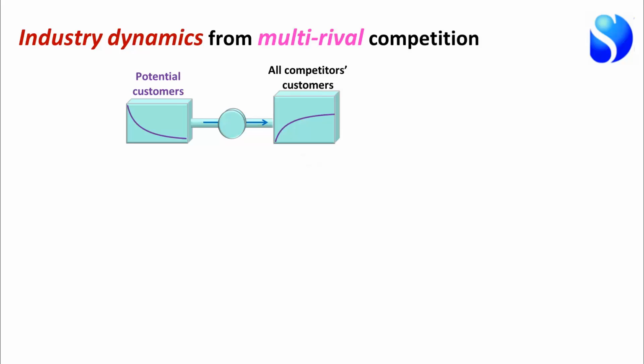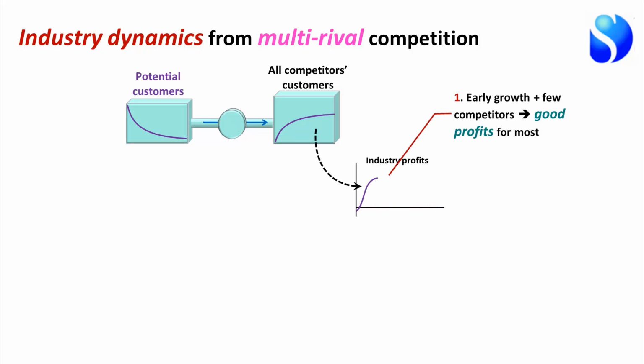If you've got multi-competitor rivalry going on, what's happening is that between them all of the competitors are using up all of the potential customers for the marketplace. Typically what you find is, because there are relatively few competitors who know how to do this thing early on in the industry's life, early growth and just a few competitors mean that the situation can look quite profitable, and the early competitors enjoy quite a nice time.